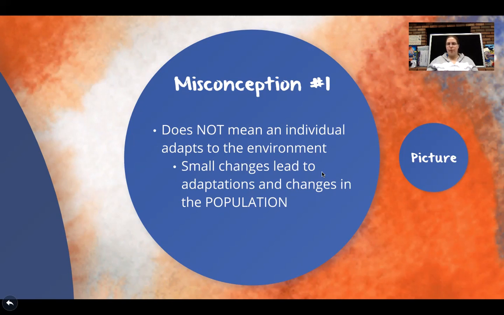So over time, we're starting to see more and more of the darker moths and fewer of the white moths, because the white moths are getting eaten before they have a chance to lay eggs. As a result, we see a shift in the population from mostly white moths with a variation of dark kind of splattered in to mostly dark moths with a few variations of white mixed in.